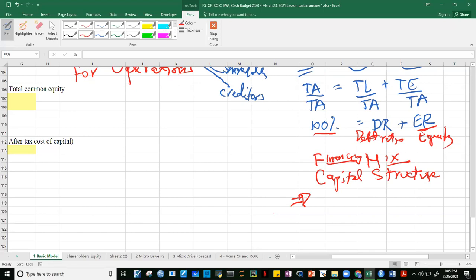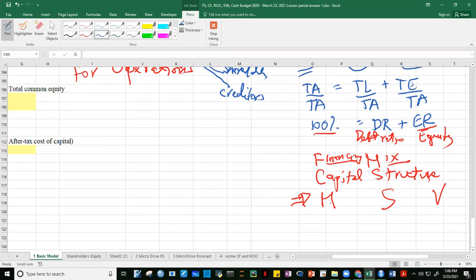Okay? The role of finance is to make sure that the financing mix or capital structure is proportioned in such a way that, ano, guys, that it should what? Remember this?